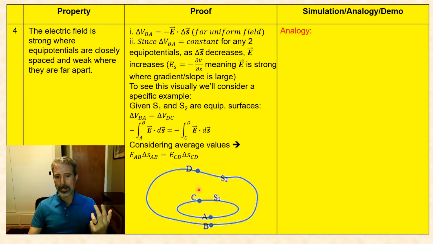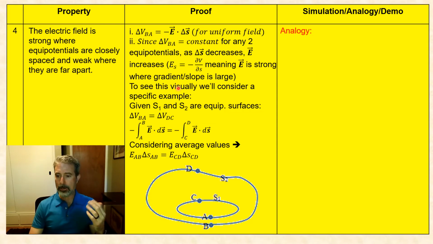So you can see what this means. When the spacing is close, when that distance is small, that suggests the electric field is pretty large. In other words, you need a pretty large electric field in that region to be able to change the electric potential in a relatively short distance, in a short amount of space.